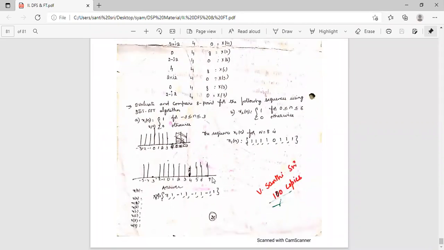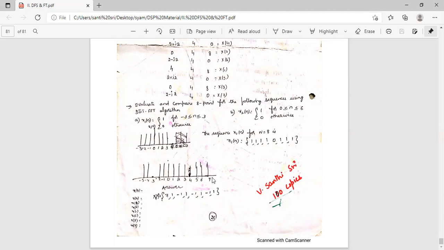Next, evaluate and compare the 8 point DFT for the following sequences using the DIT algorithm. A is given as x1 of n equal to 1 for minus 3 is less than or equal to n is less than or equal to 3, and x1 is 0 otherwise. Similarly, B is given as x2 of n is 1 for 0 is less than or equal to n is less than or equal to 6, and it is 0 otherwise. So we have to evaluate the 8 point DFT for the following sequences using the DIT FFT algorithm.